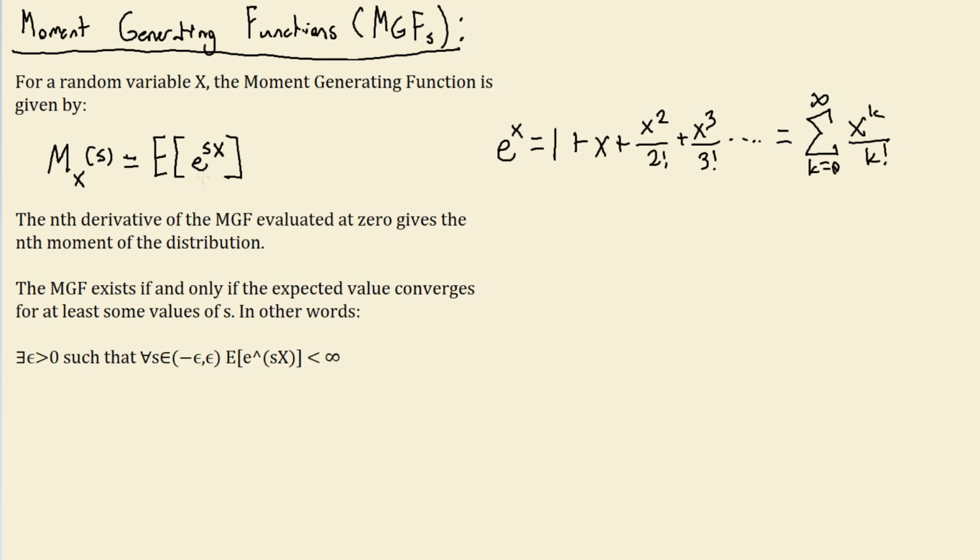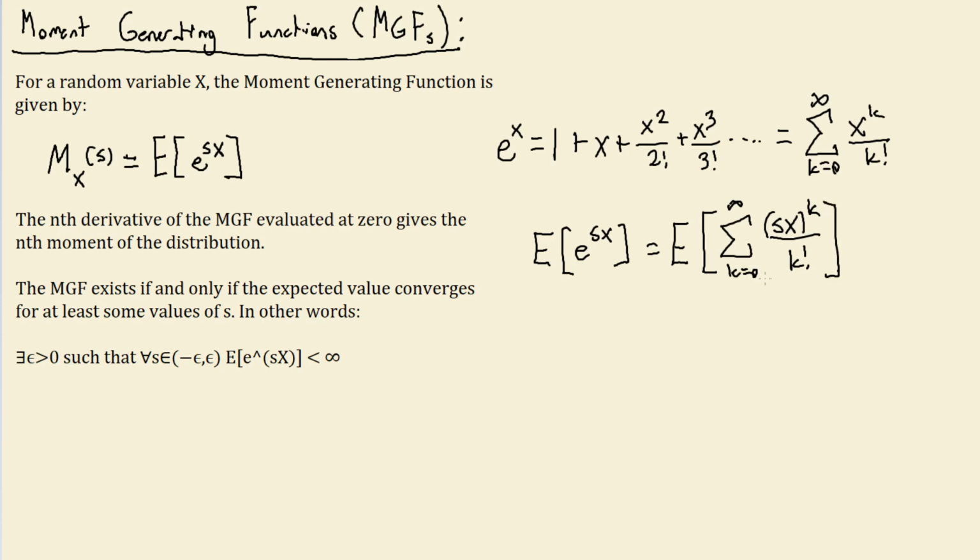So if we want e to the sx, we just plug sx in for x here, and we get that the expected value of e to the sx is equal to the expected value of the sum from k equals 0 to infinity of sx to the power of k over k factorial.